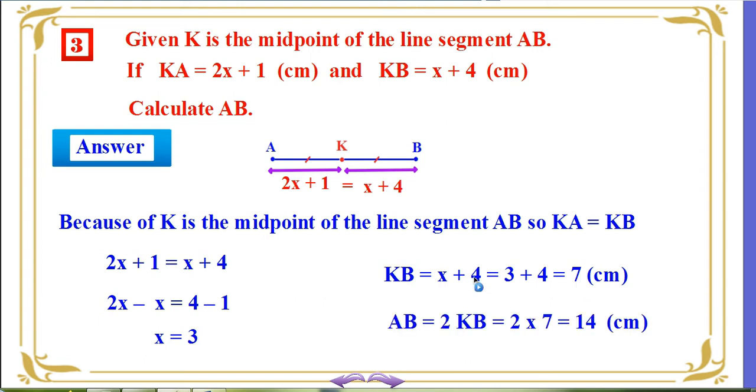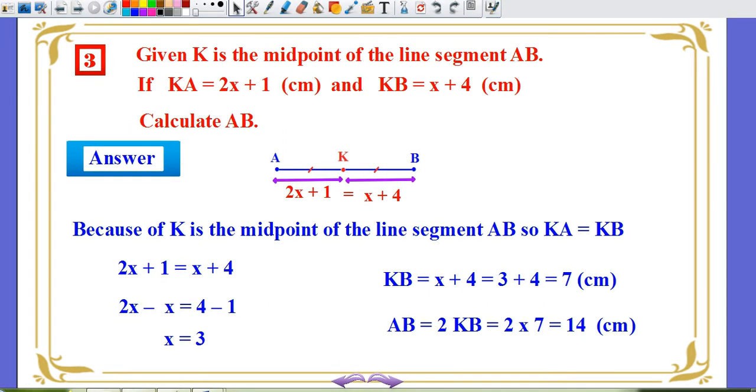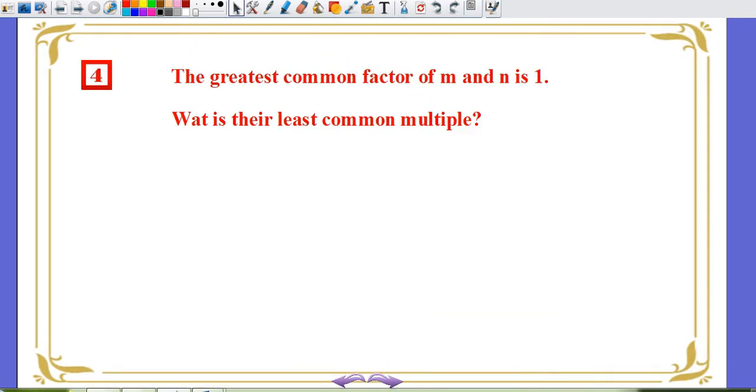Since AP is twice KB, AP is 14 centimeter. We finish solving exercise 3. Now we move on to exercise 4. The greatest common factor of M and N is 1. What is their least common multiple?